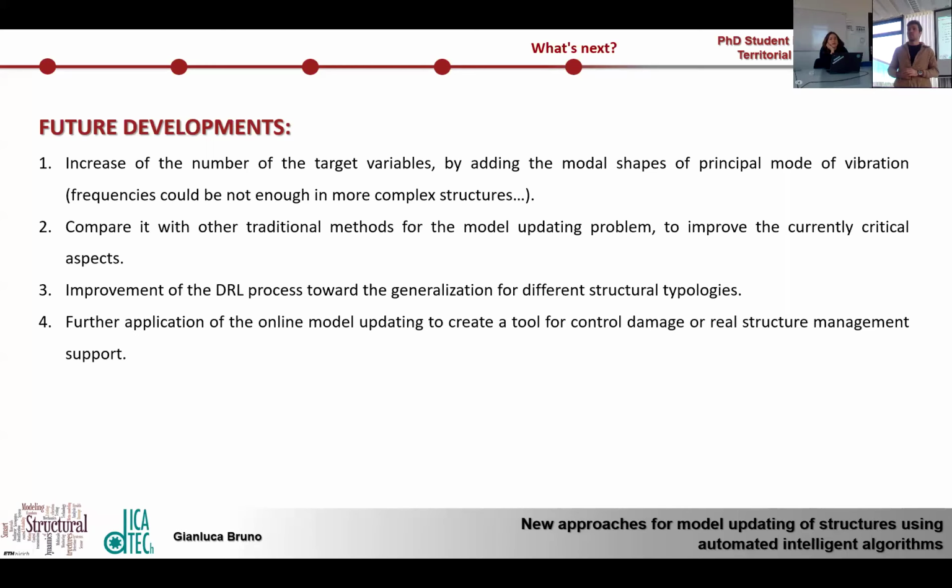So now it's purely deterministic what you're doing: you're estimating the frequencies, then you estimate the difference between the target frequency and the frequency you estimate from the model, and then you update the parameter.